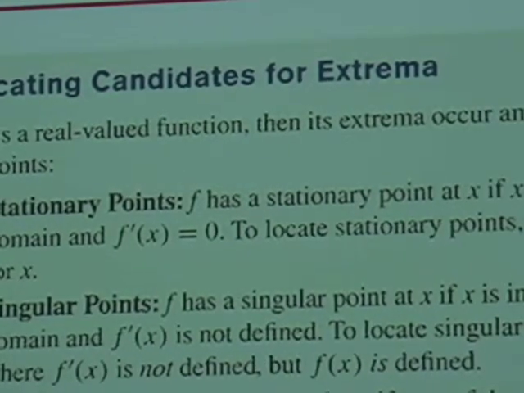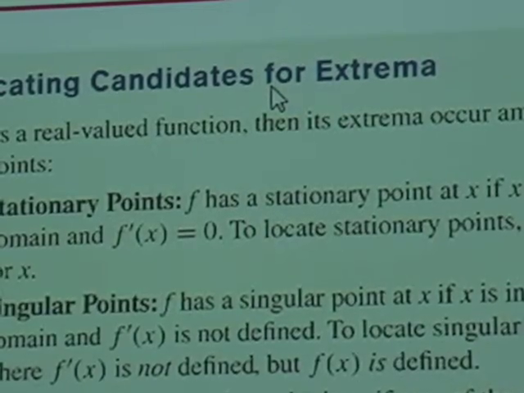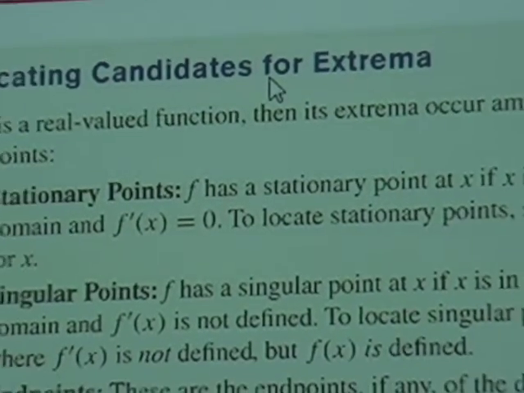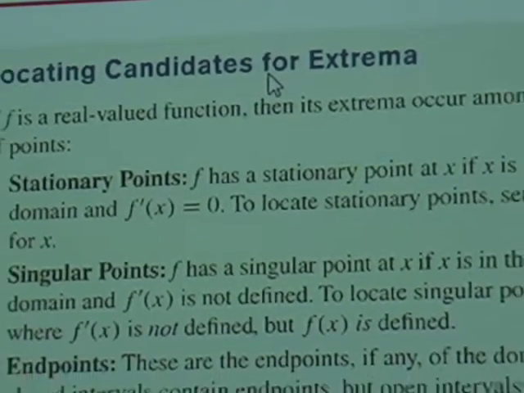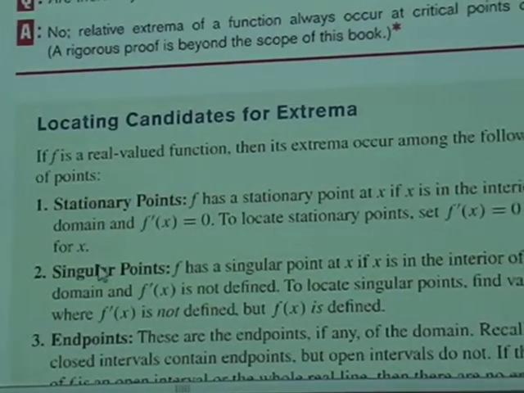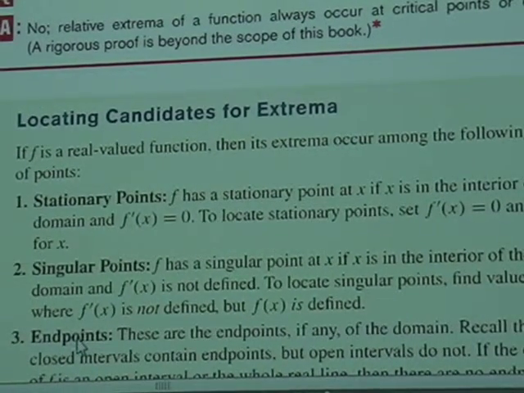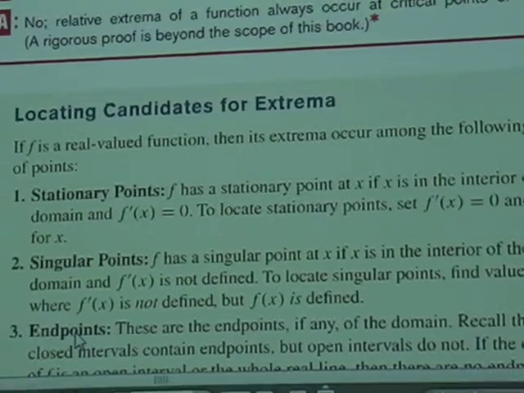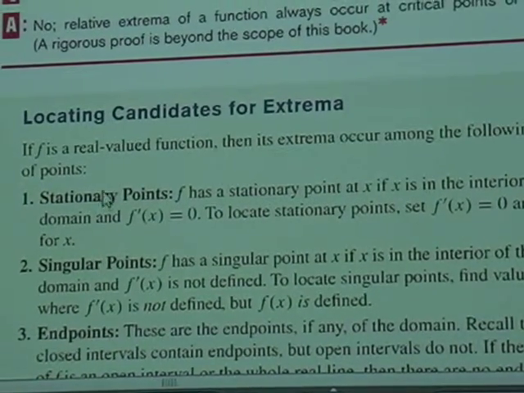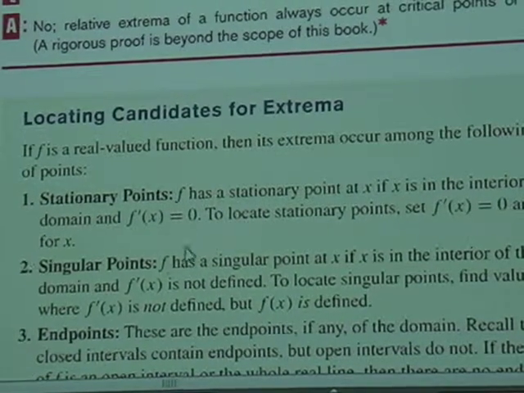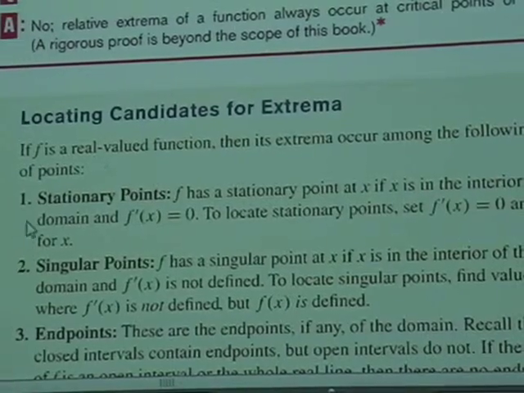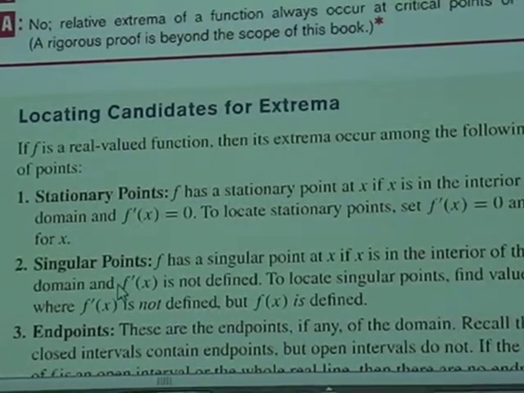So he says, how can we find the candidates for extrema? Look for stationary points, look for singular points, and look for endpoints. Those are the only possibilities. Now what do we call 1 and 2 together? Critical points.